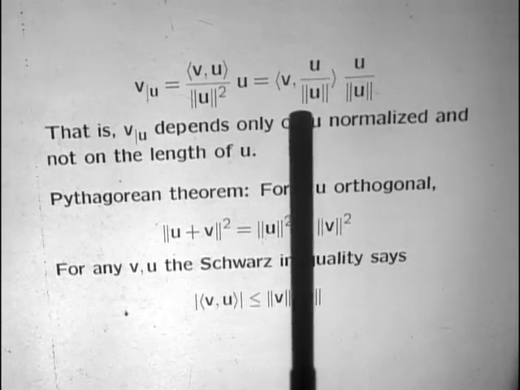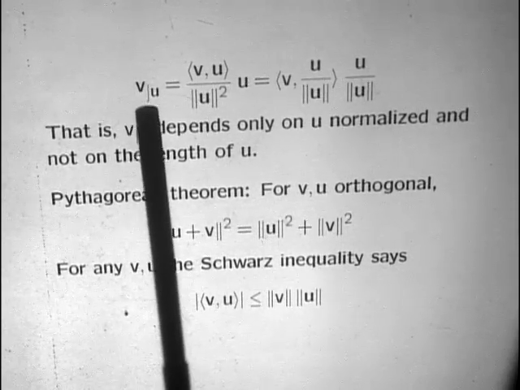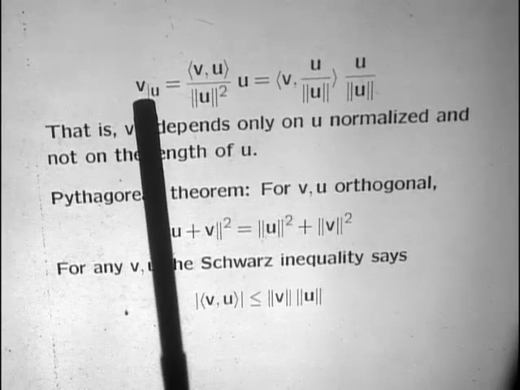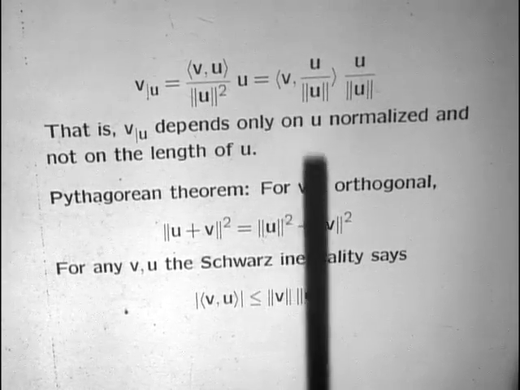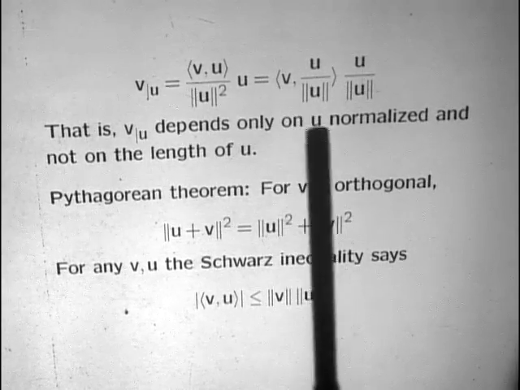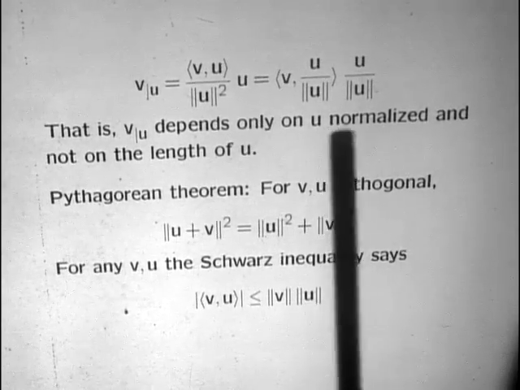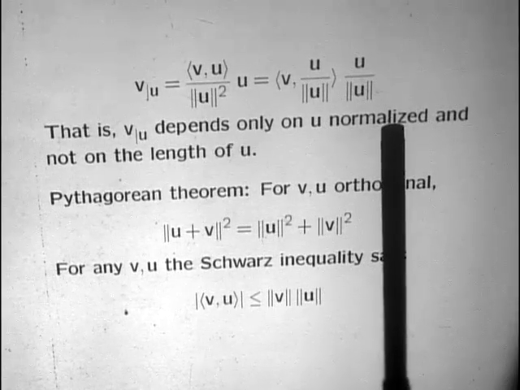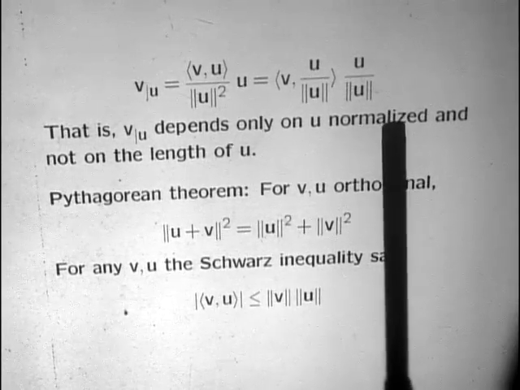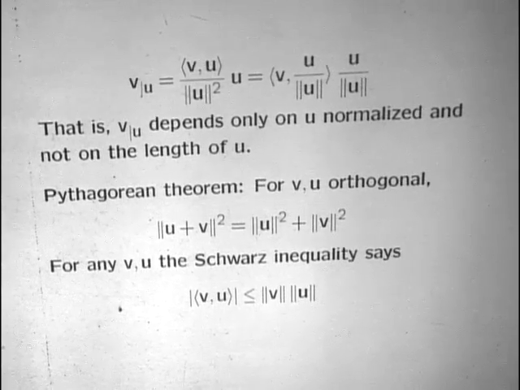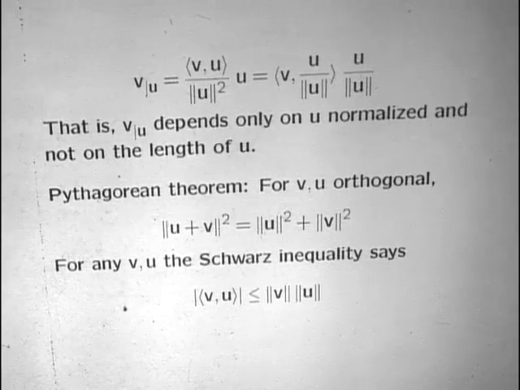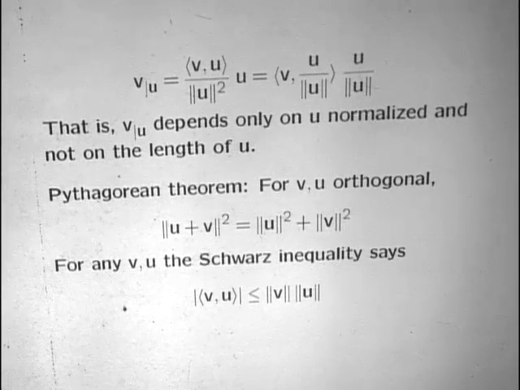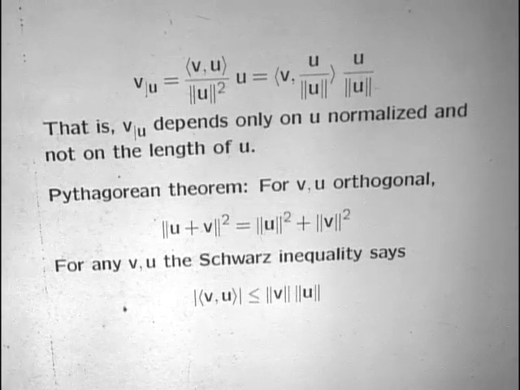And I have the normalized form of U in here also. So what this is saying is that this projection is also equal to the inner product of V with the normalized form of U times the normalized form of U, which says that it doesn't make any difference what the length of U is. This projection is a function only of the direction of U. I mean, this is obvious from the picture, isn't it?